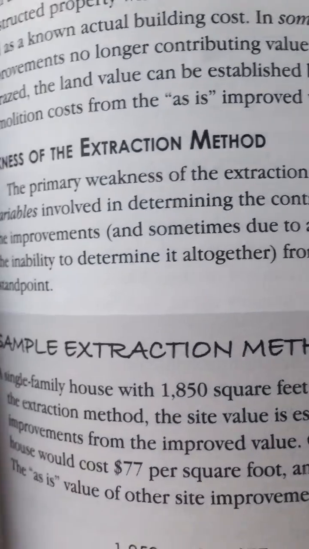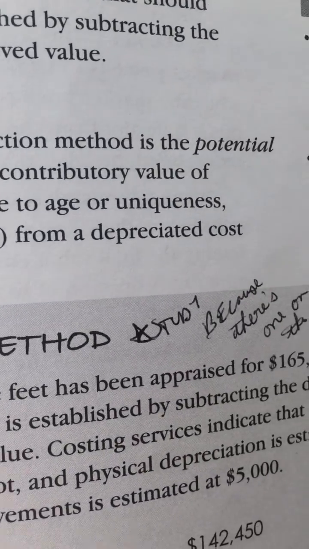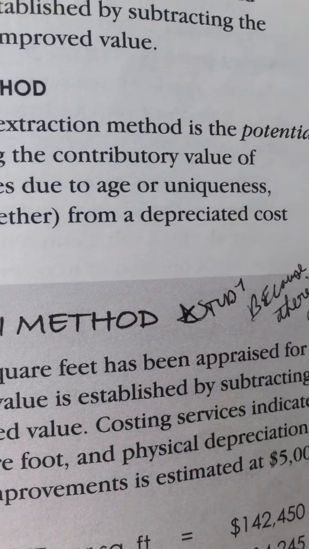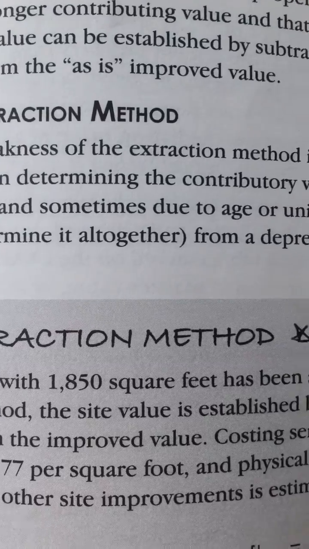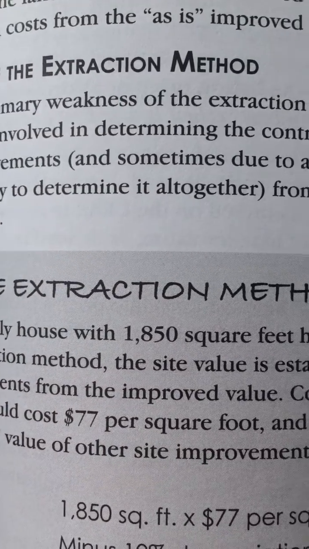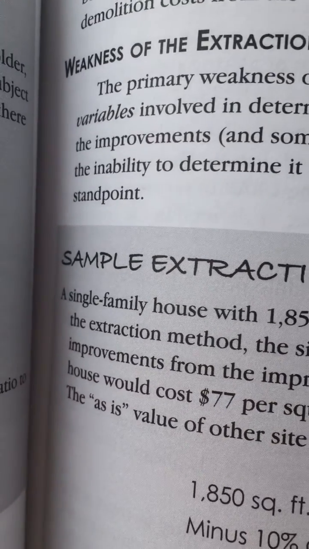Weakness of the extraction method. The primary weakness of the extraction method is the potential variables involved in determining the contributory value of the improvements, and sometimes, due to age or uniqueness, the inability to determine it altogether from a depreciated cost standpoint.